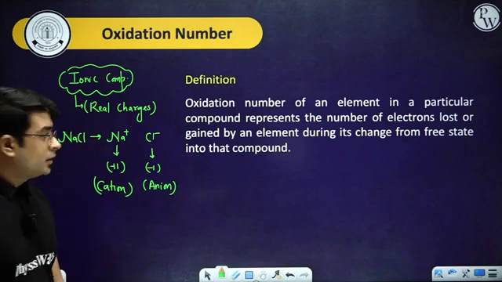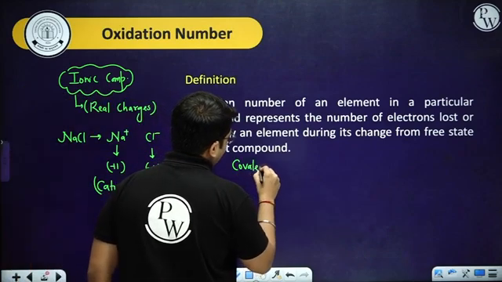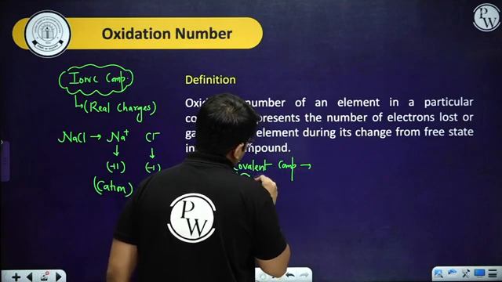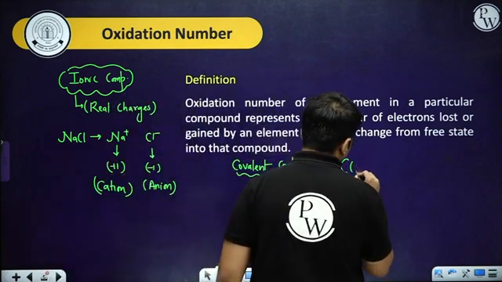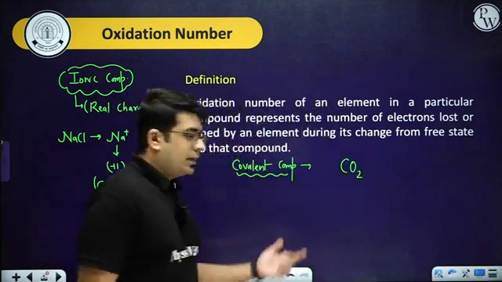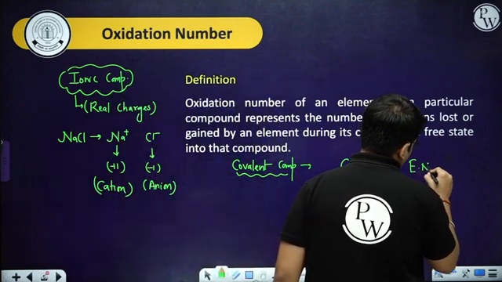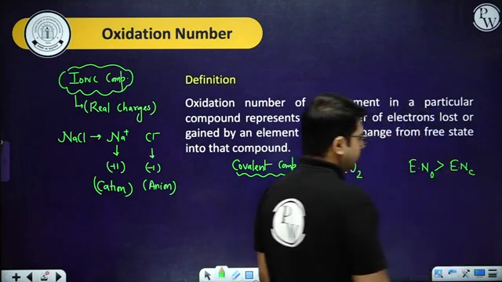Now the same case I am using in covalent compounds. For example, CO2. In that case, I know that the electronegativity of oxygen will be more than the electronegativity of carbon.